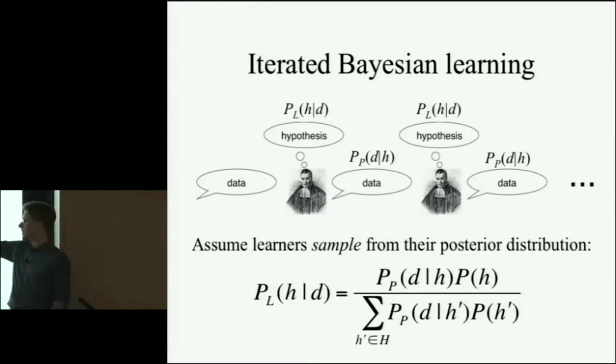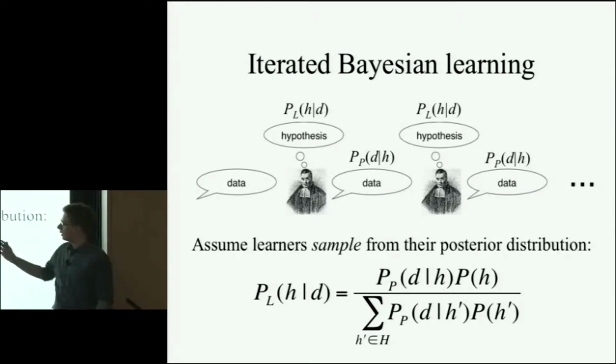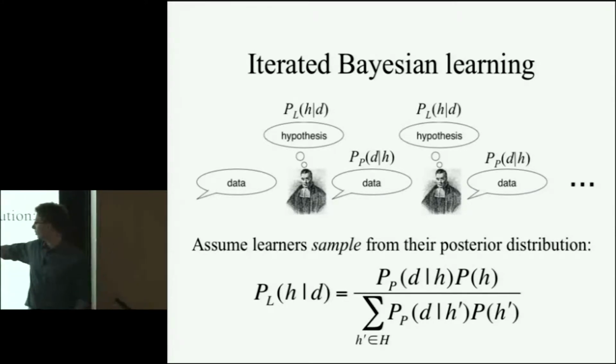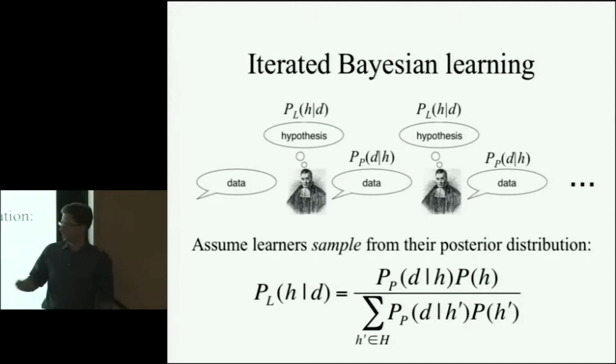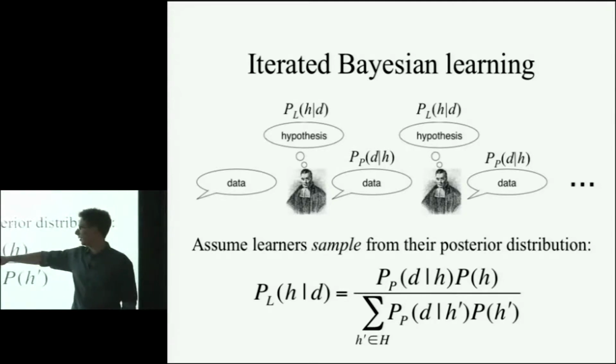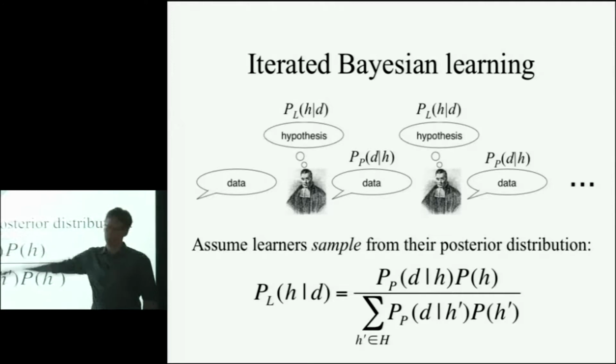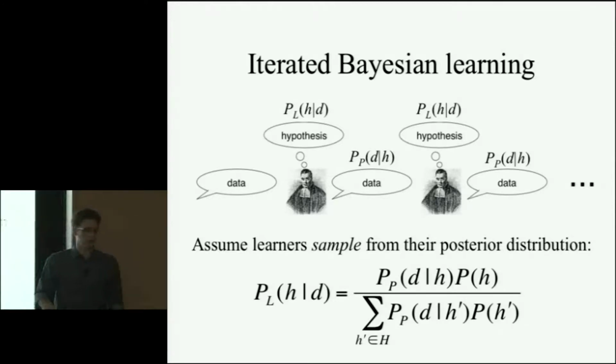Then, based on that hypothesis, they generate data from some distribution. We assume that all of the learners have the same prior distribution, so they're all bringing the same biases to the table, and that the likelihood function that they use corresponds to the procedure by which data are produced. So they have a veridical understanding of how a particular hypothesis about language maps onto the way in which linguistic data would be generated by somebody who is maintaining that hypothesis.